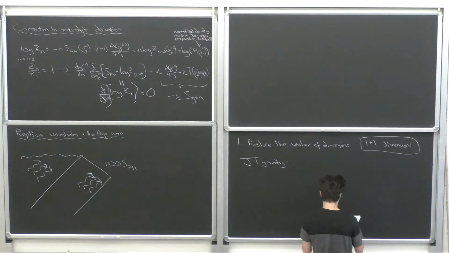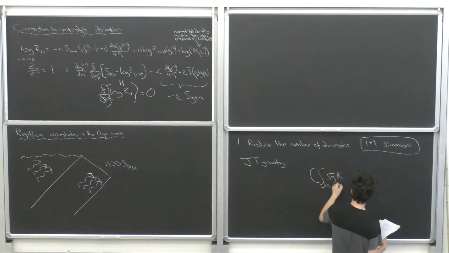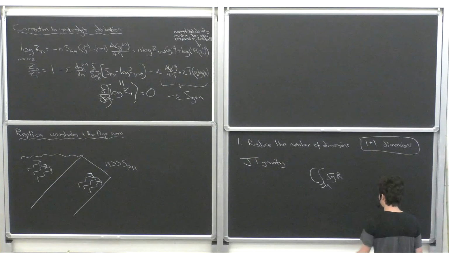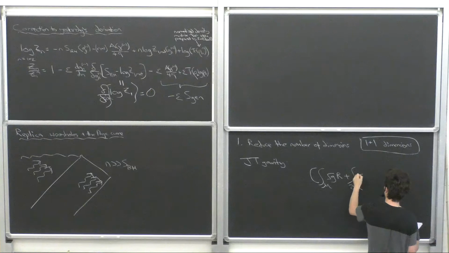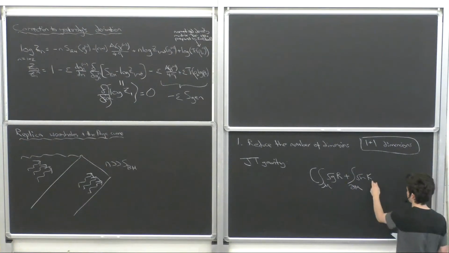So the first thing we have is an Einstein-Hilbert term, integral over space-time manifold, square root of g times the Ricci scalar. And we have the usual Gibbons-Hawking-York boundary counter term, where h is the induced metric at the boundary of the space-time, and K is the extrinsic curvature.